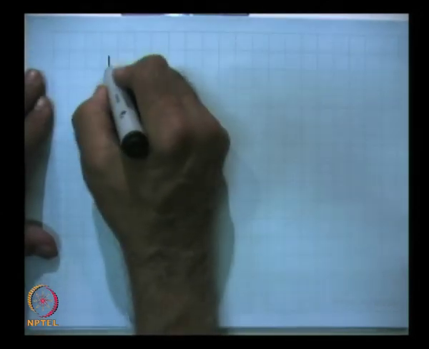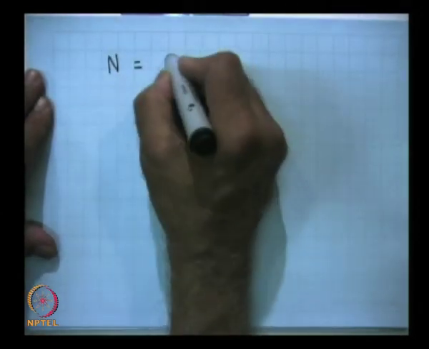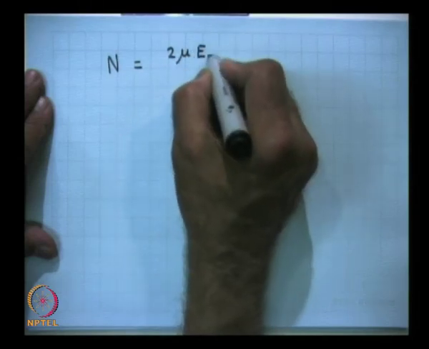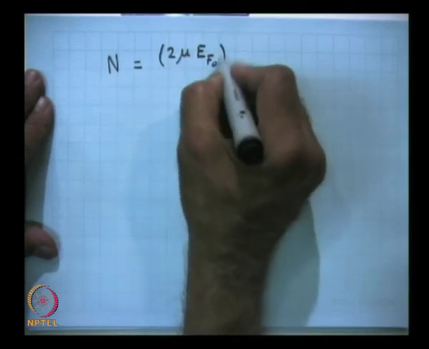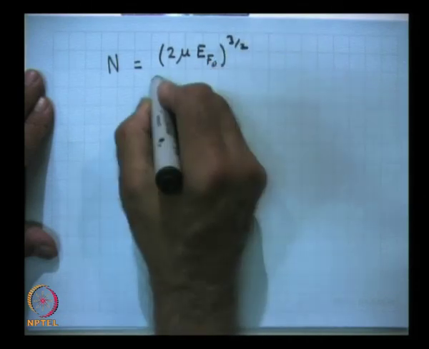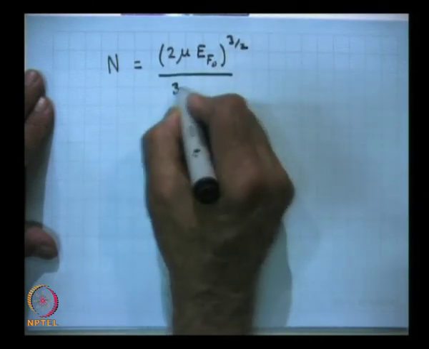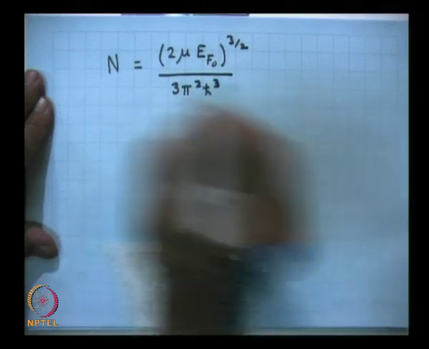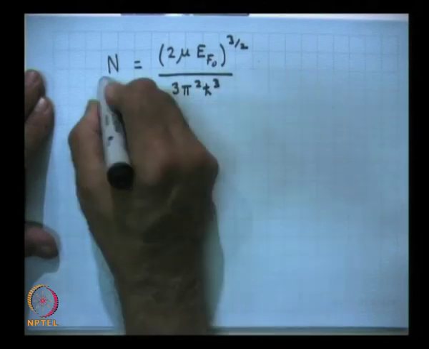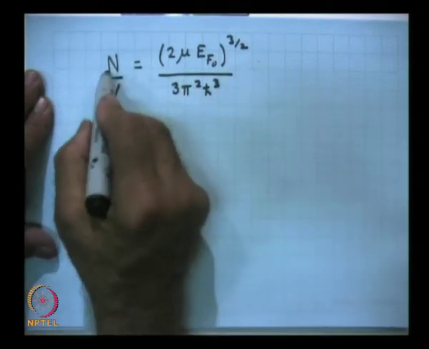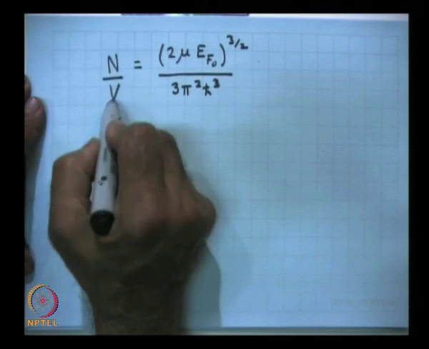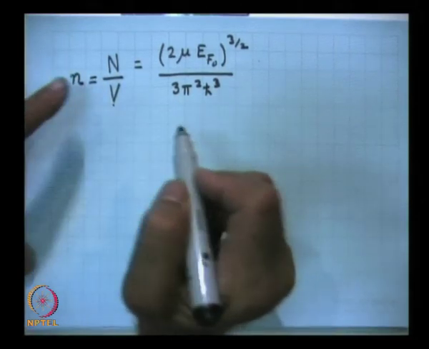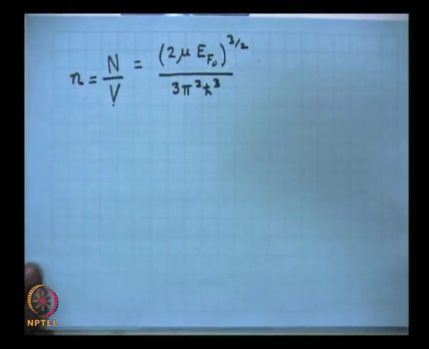So, you have here n is equal to 2 mu E f 0 raised to the power of 3 by 2 divided by 3 pi square h cross cubed, and there is a volume here. So, I put the volume here. So, this is the total number of electrons in volume V. So, this is the electron density, number of electrons per centimeter cubed.